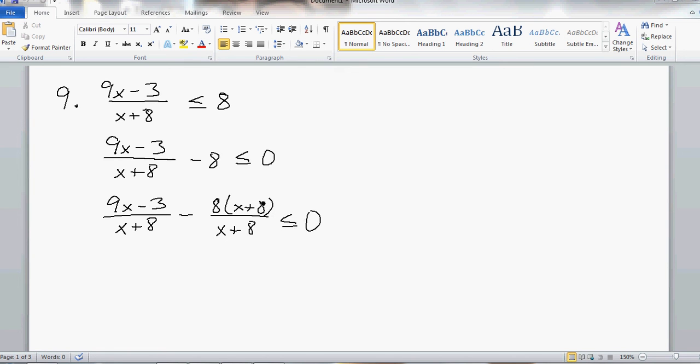I'm going to have to distribute that, so that will become 8x plus 64. And now I should be able to combine these into one fraction.